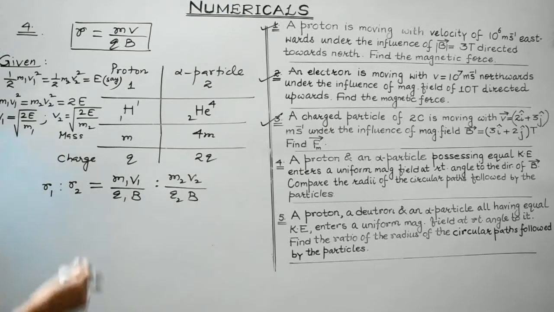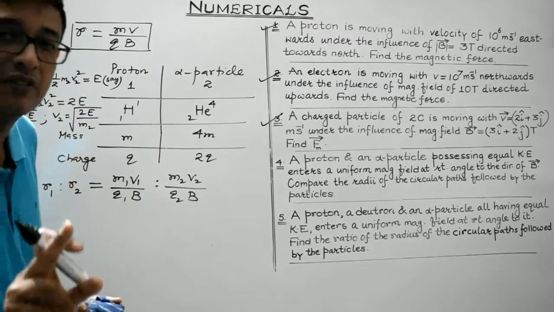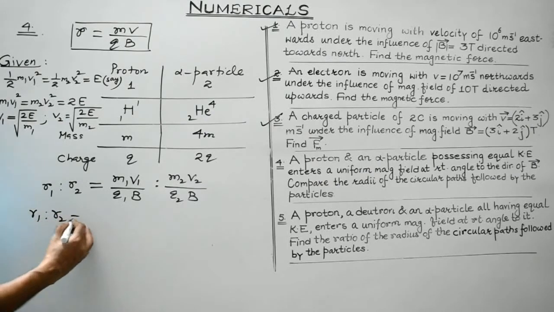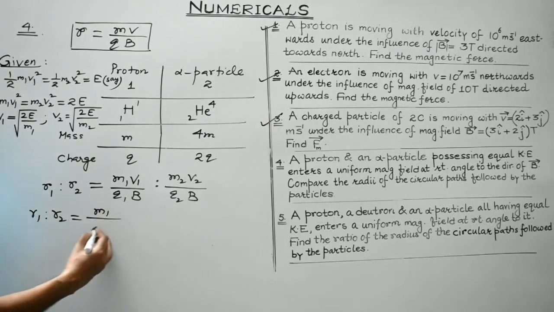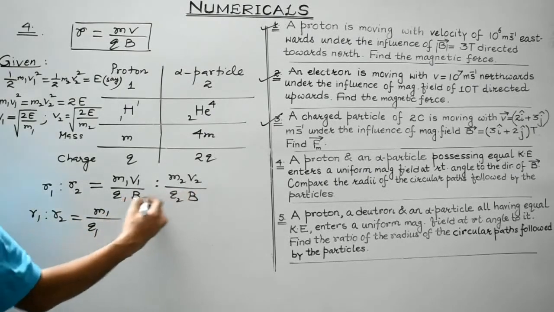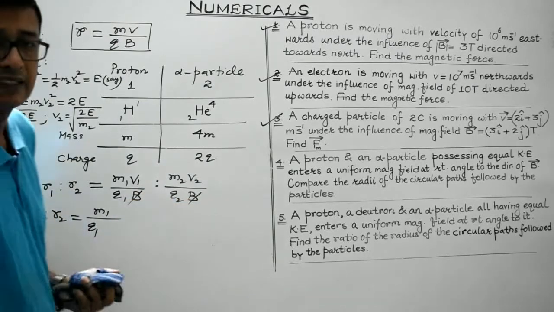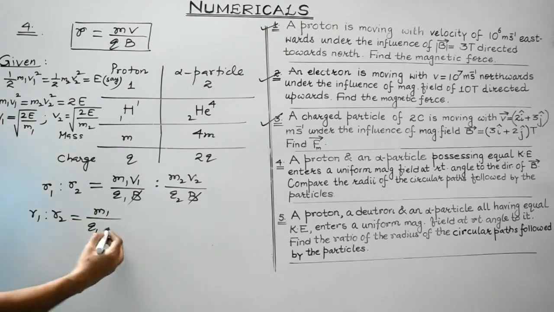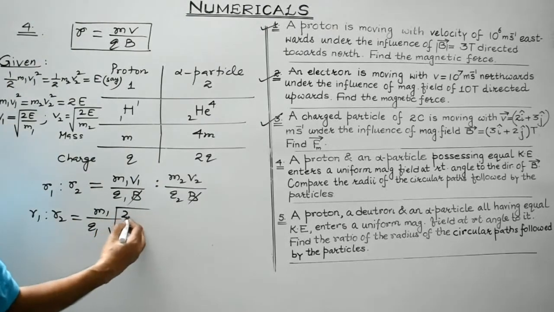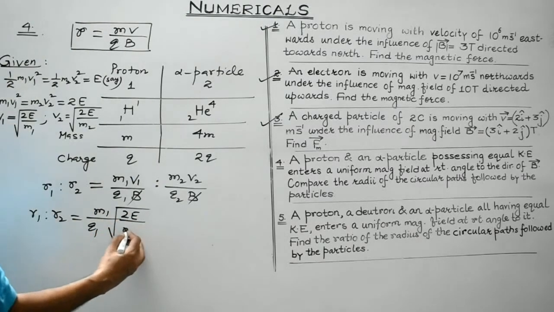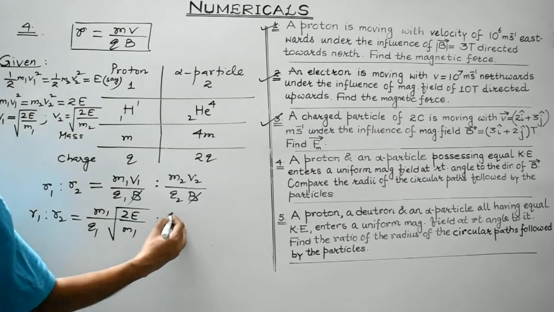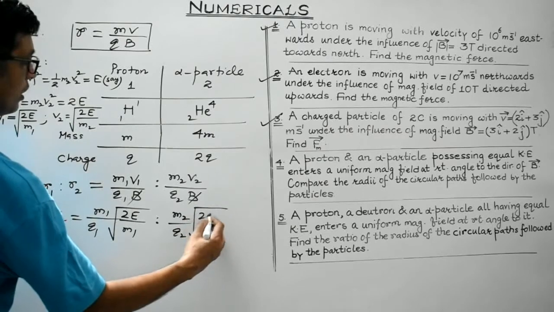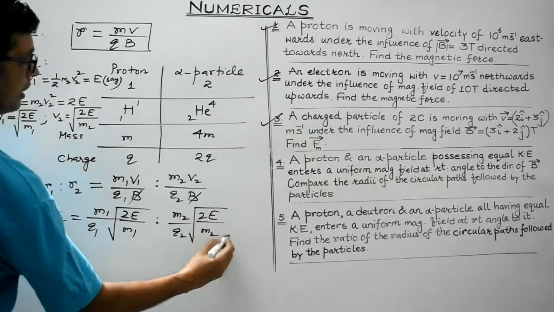So let's proceed. Kinetic energy as per the question is constant. So R1 is to R2 would be m1 divided by q1, and B is constant in both cases, so it gets cancelled out. V1 can be written as the square root of twice E divided by m1. Over here we get m2 by q2 and the square root of 2E divided by m2.